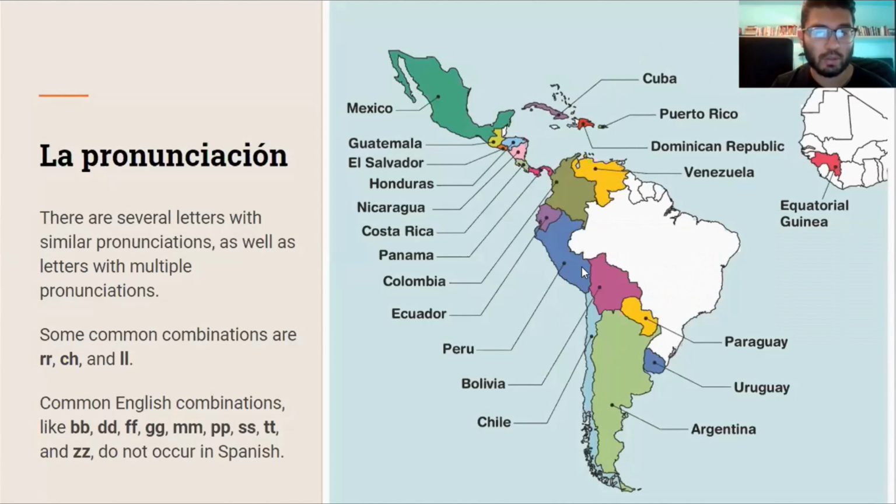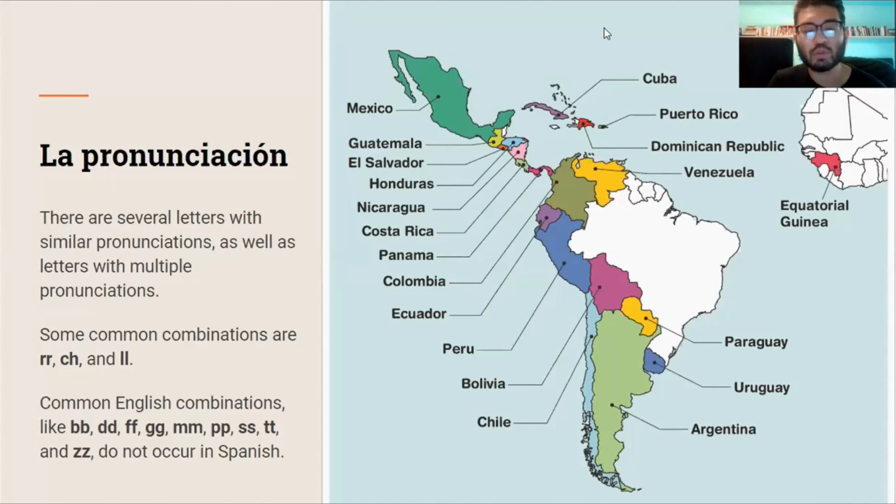La pronunciación. So in regards to pronunciation, there are several letters with similar pronunciations. We will talk about that. And there are letters with multiple pronunciations. So those are two things to keep in mind. And that's something that as English speakers we are familiar with.